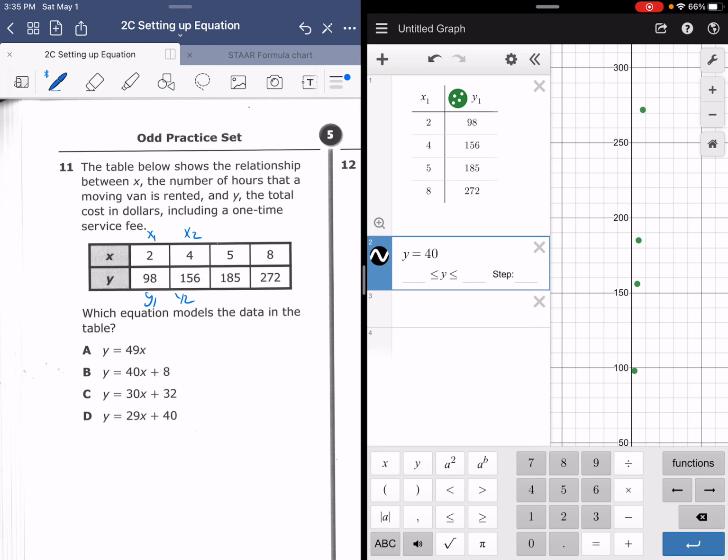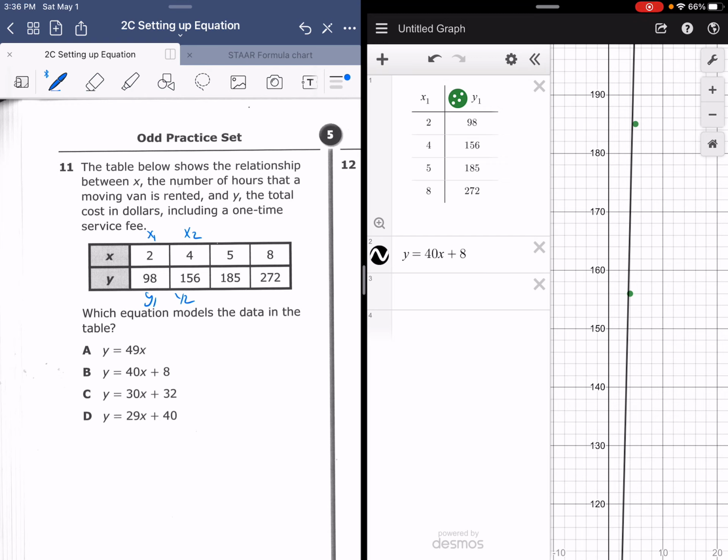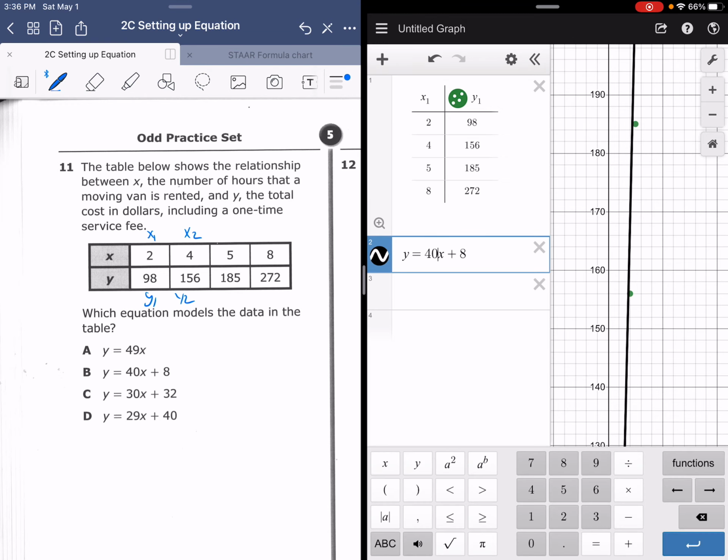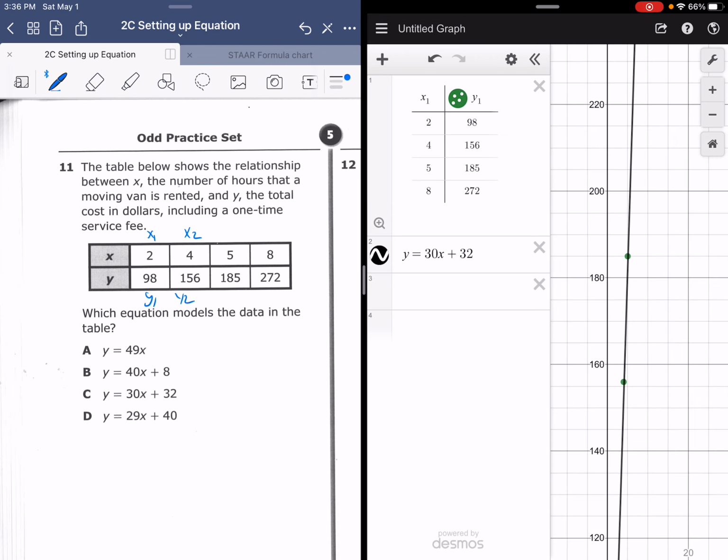Second one, 40x plus 8. Wow, but you know what? This one does not touch like that, so that's not it. What about 30 and 32? Does it touch everything? I think so.